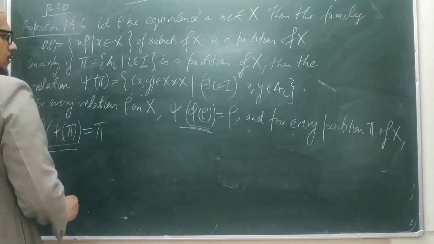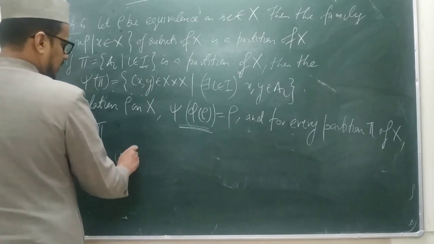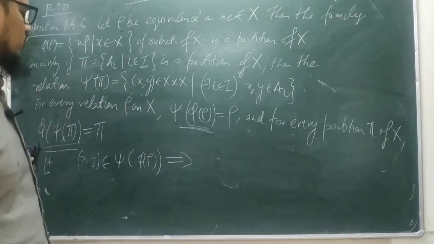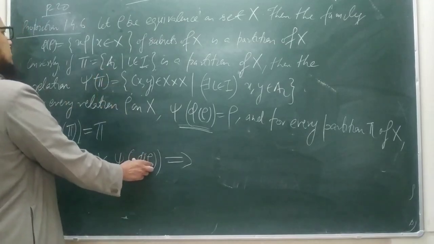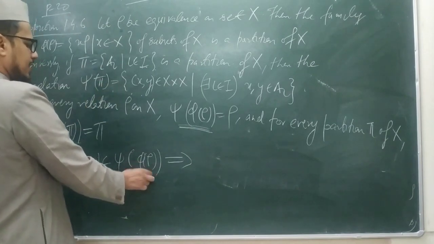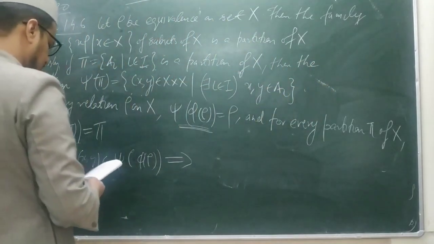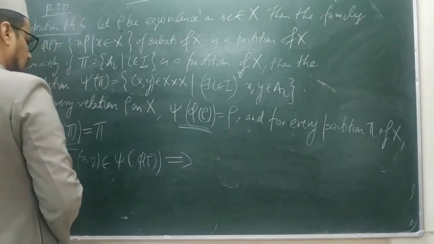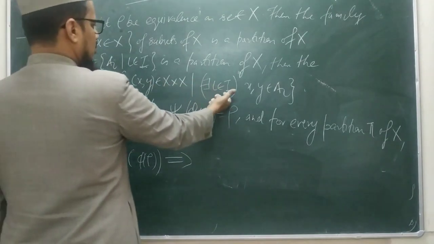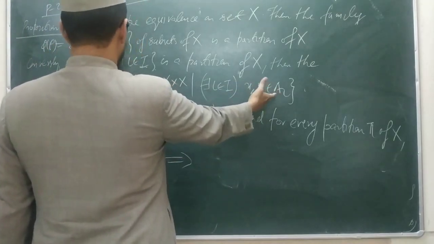Proof. So you start from here that (x, y) belongs to psi of phi rho. It implies what? When (x, y) belongs to psi of phi rho, here pi is a partition. So it means that when (x, y) belongs to psi pi, there exists some i belonging to I such that (x, y) goes in ai.